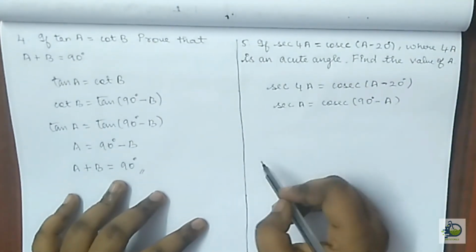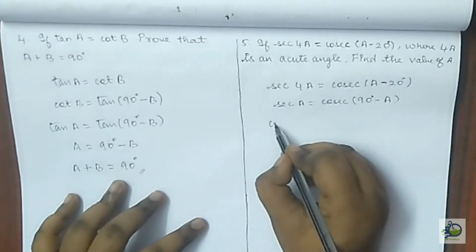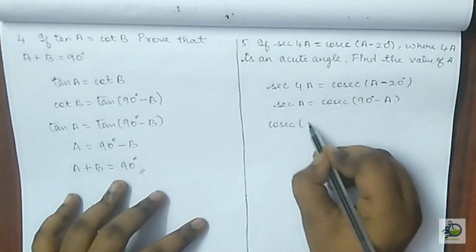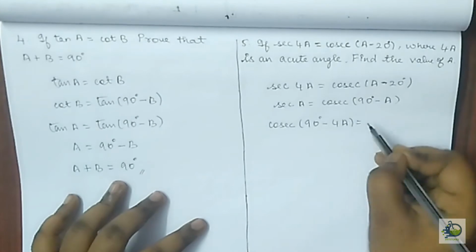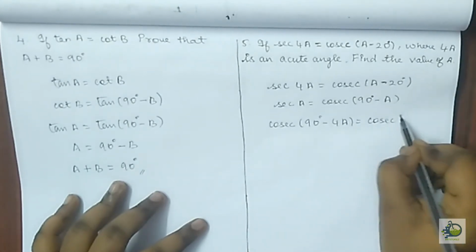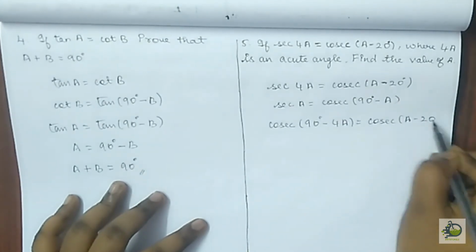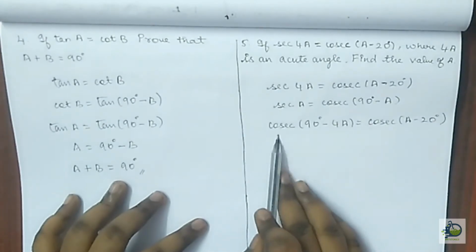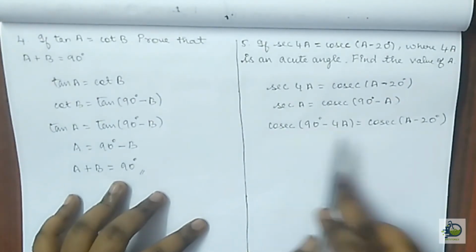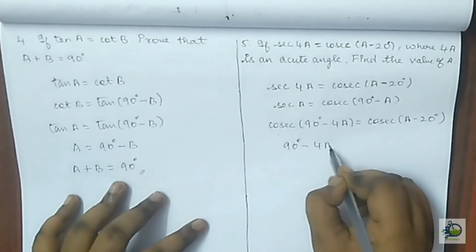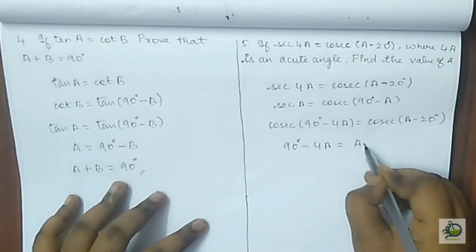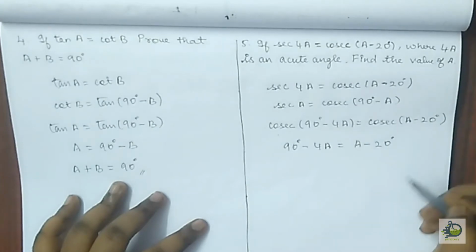So instead of sec 4A, I can write it as cosec of 90 degrees minus 4A, which is equal to cosec of A minus 20 degrees. Since both are cosec, I can equate the angles. So 90 degrees minus 4A is equal to A minus 20 degrees.